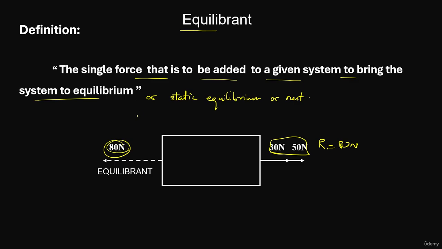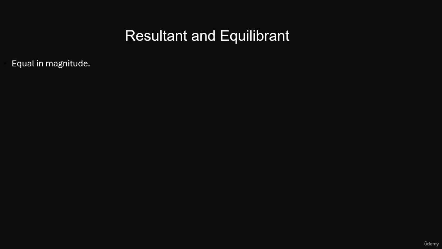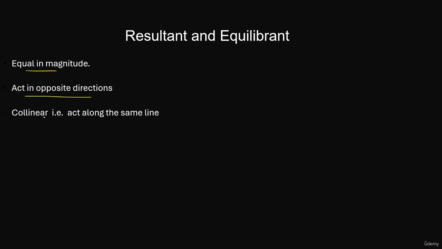This was the problem when we were discussing only collinear, coplanar forces, or a one-dimensional force system. If the complexity increases, then what happens? The equilibrant and resultant have equal magnitude, but they act in the opposite sense, and they will be collinear as well.